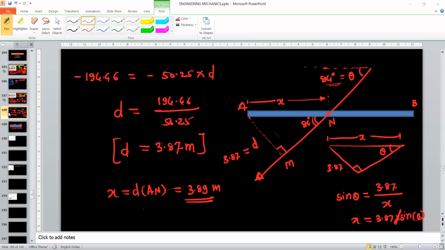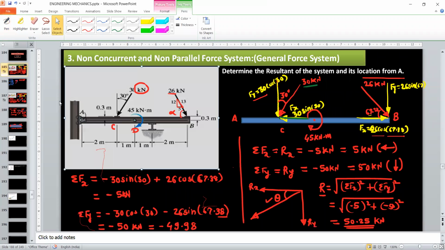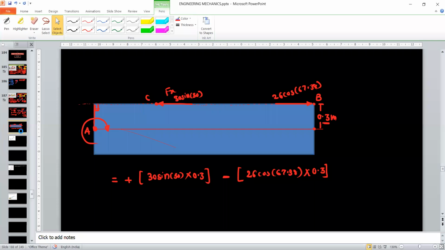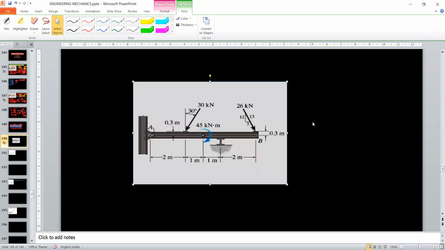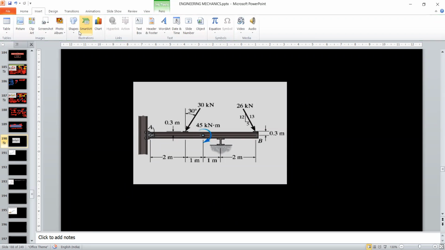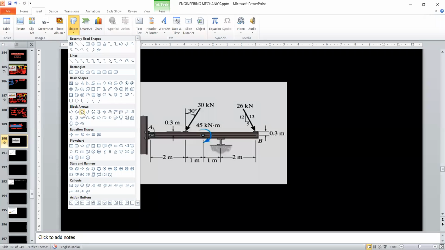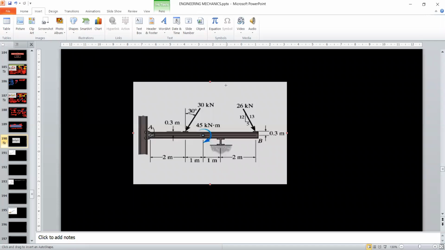So if you refer to the original diagram, okay, in this diagram, if you want to show the resultant, your resultant will be like this.